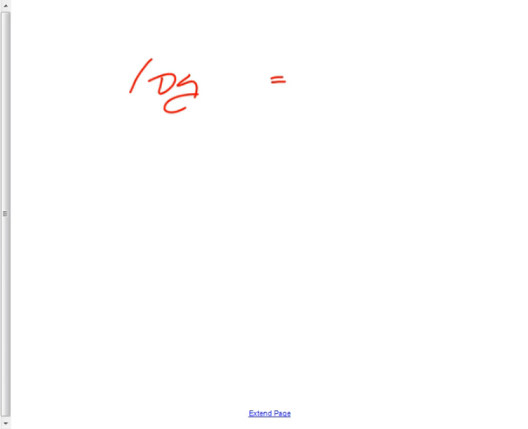I'd like you all to put it on a blank page. Stop whatever you were doing, and put in a blank page and write this. Log base 3, 1 equals x. Now I want you to rewrite it as an exponential.